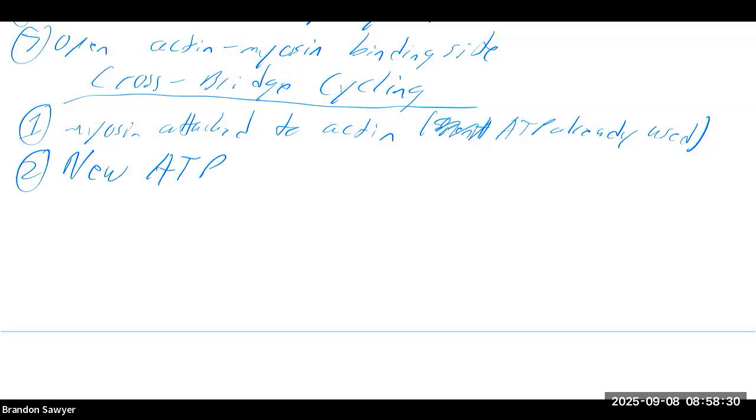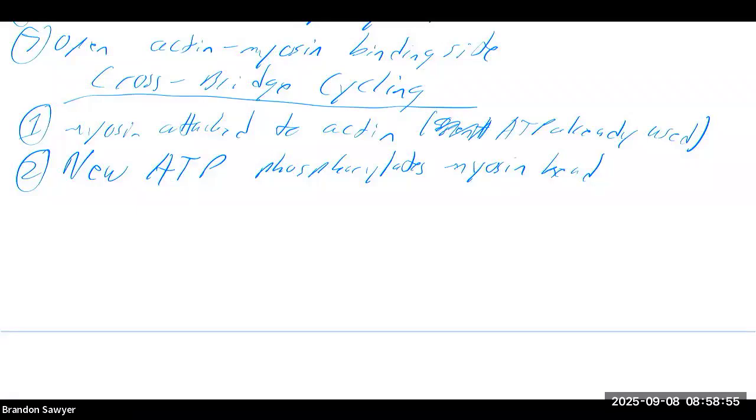New ATP. What that does is phosphorylate the myosin head. There's a special enzyme that helps us break down that ATP. What's that one called?